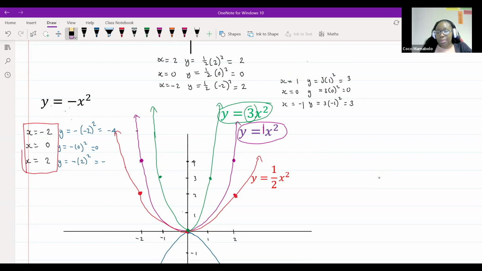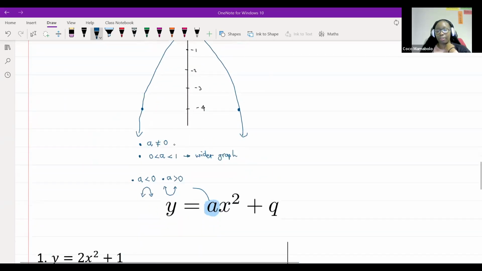My graph becomes skinnier. Are we seeing that? We're going to add that into what we know about our graph. If A is greater than 1, then my graph gets skinnier, a skinnier graph.